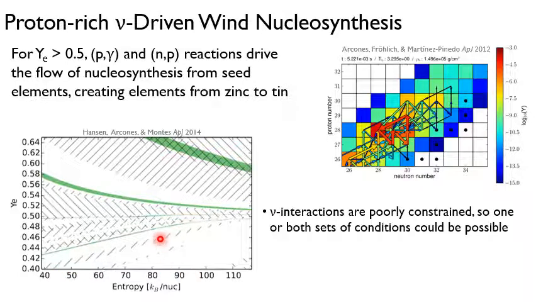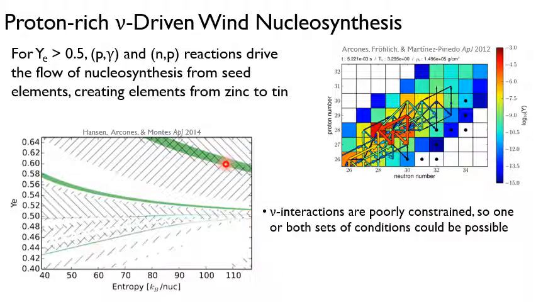And what's shown here is these bands tell you regions of phase space that work to explain given isotopic and elemental abundance ratios. And so where all of the regions overlap, that's where you can explain it in terms of phase space. And there are different solutions, either for slightly neutron-rich or for quite proton-rich.